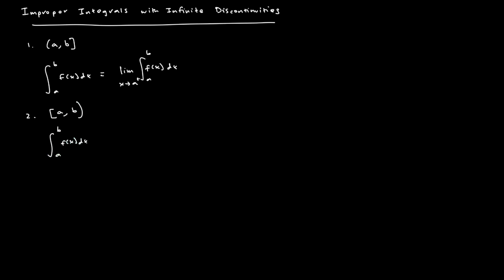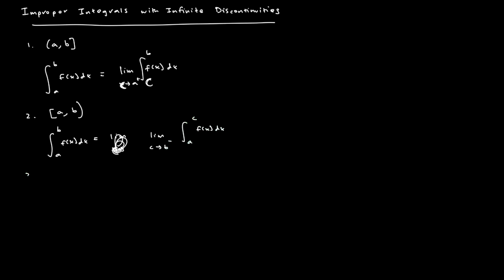Also, this shouldn't be x over here. Let's just rename this to some constant c. So that turns out to be the same thing as the limit as c tends towards b from the left-hand side of the integral from a to c of f of x dx.